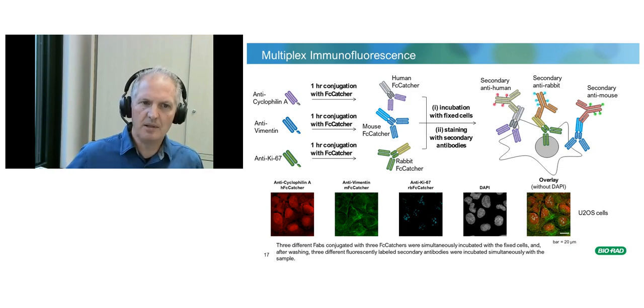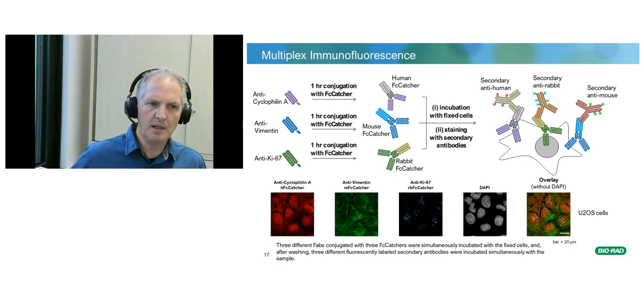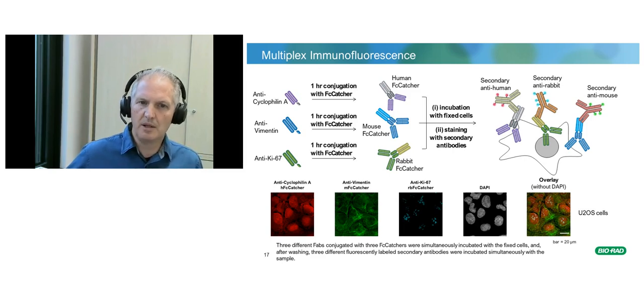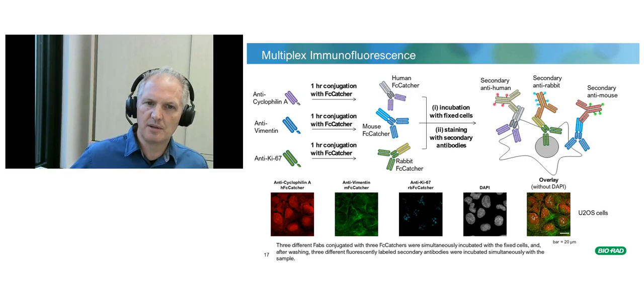In this example, I show that you can even use it for multiplexing. So I used 3 different antibodies, anti-cyclophilin A, anti-vimentin, and anti-Ki67, and coupled these to the human FcCatcher, the mouse FcCatcher, and the rabbit FcCatcher, respectively, mixed these 3 antibodies to stain U2OS cells, and then used species-specific secondary antibodies conjugated to different dyes.